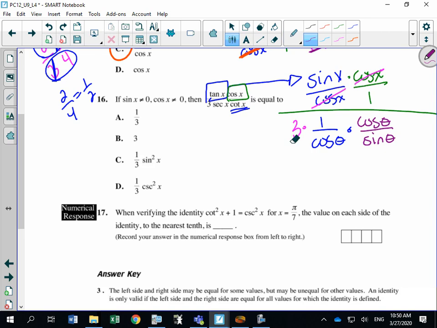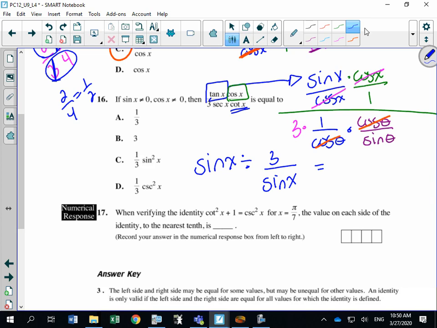Okay, we're multiplying fractions, so cos over cos would cancel. And I've got 3 in my numerator because 3 times 1 is 3, and I've got sine in my denominator. So up here, I had sine over 1, which is just sine of x, divided by 3 over the sine of x.